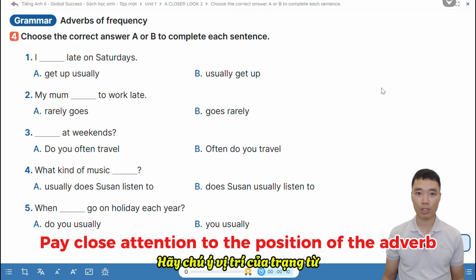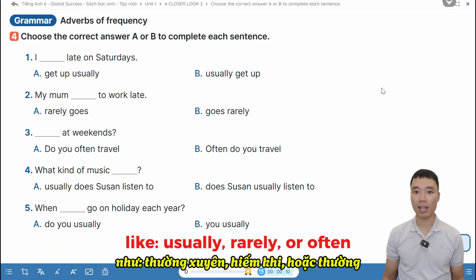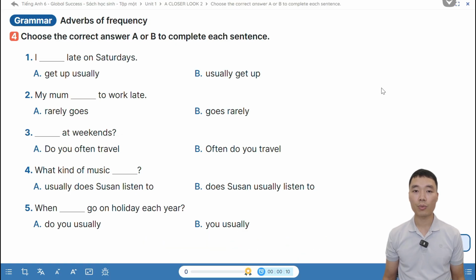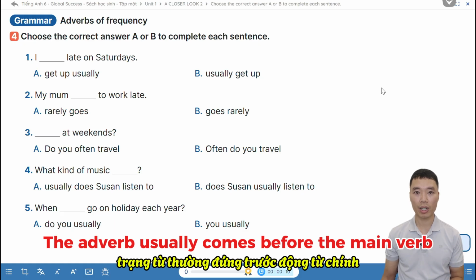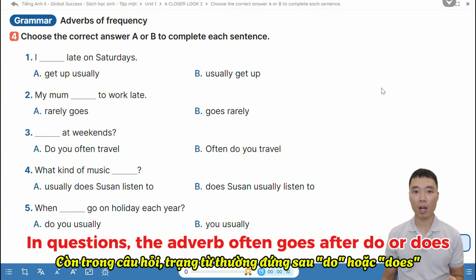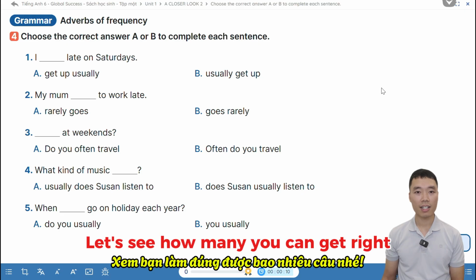Pay close attention to the position of the adverb, like usually, rarely, or often. Remember, in positive sentences, the adverb usually comes before the main verb. In questions, the adverb often goes after do or does. Let's see how many you can get right.